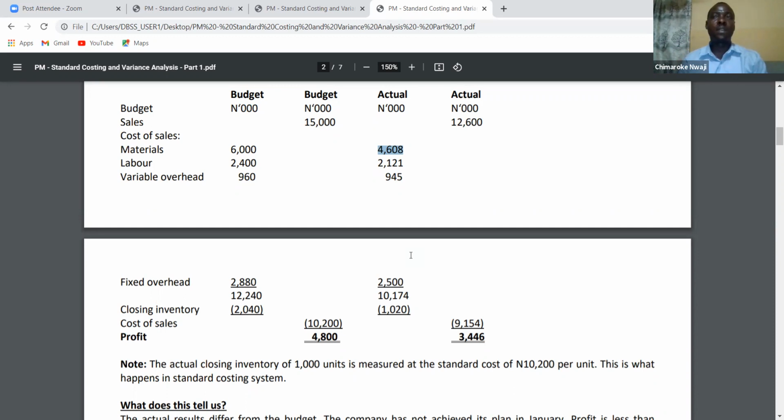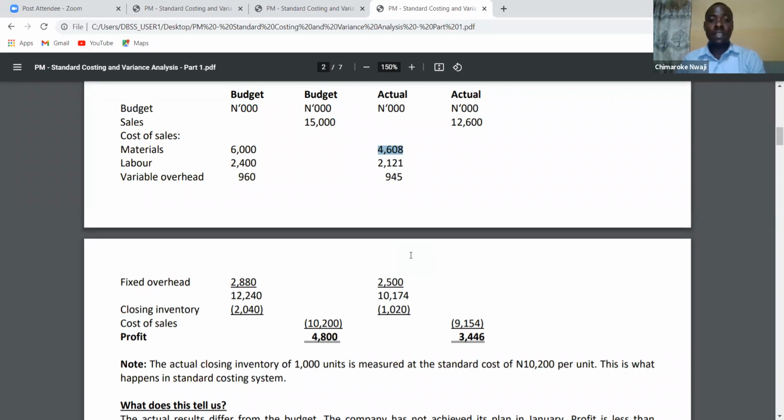So when you are doing budgets, your closing stock will be at standard cost. When you are doing actuals, your closing stock will also be at standard cost.